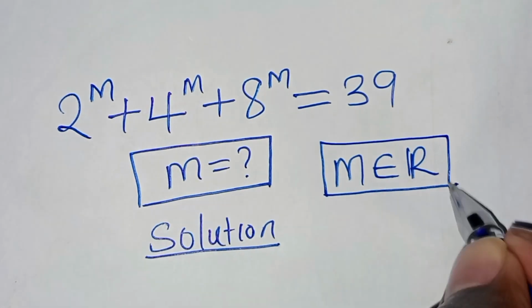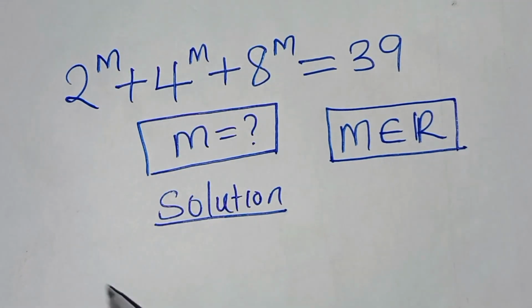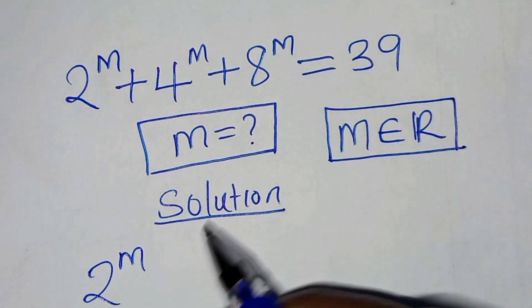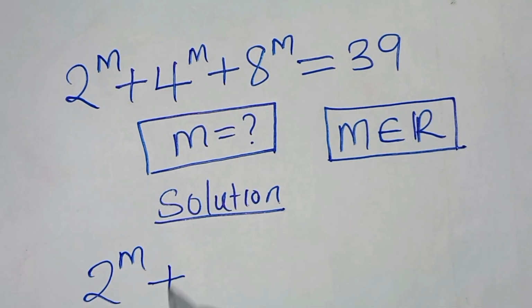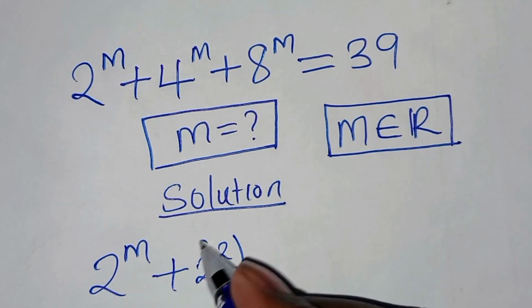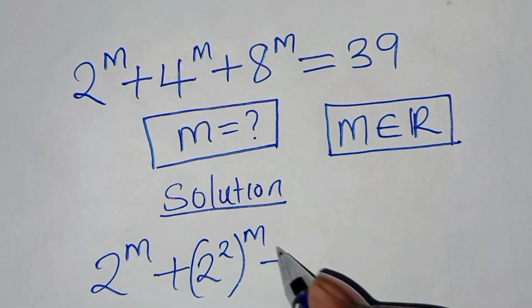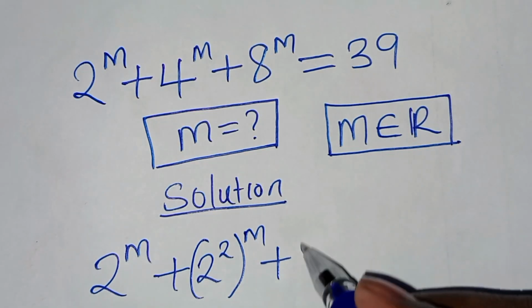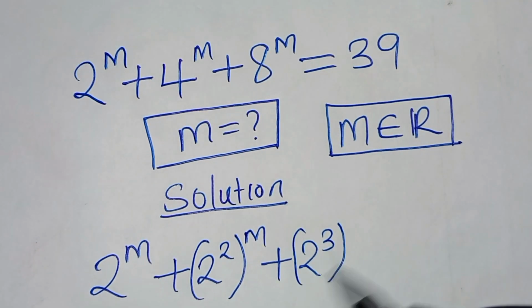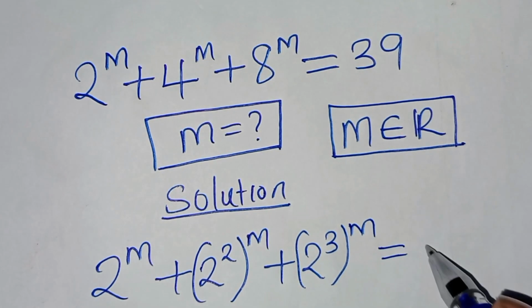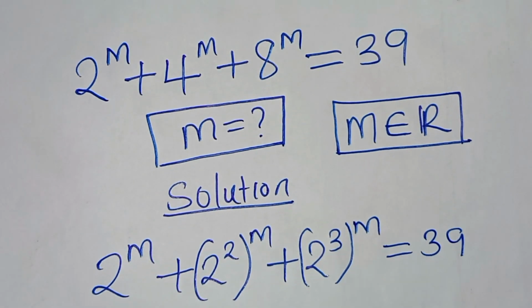Now, from here, we can express 4 to power m as 2 to power 2 raised to power m, plus we can express 8 as 2 to power 3 raised to power m. This is equal to 39.